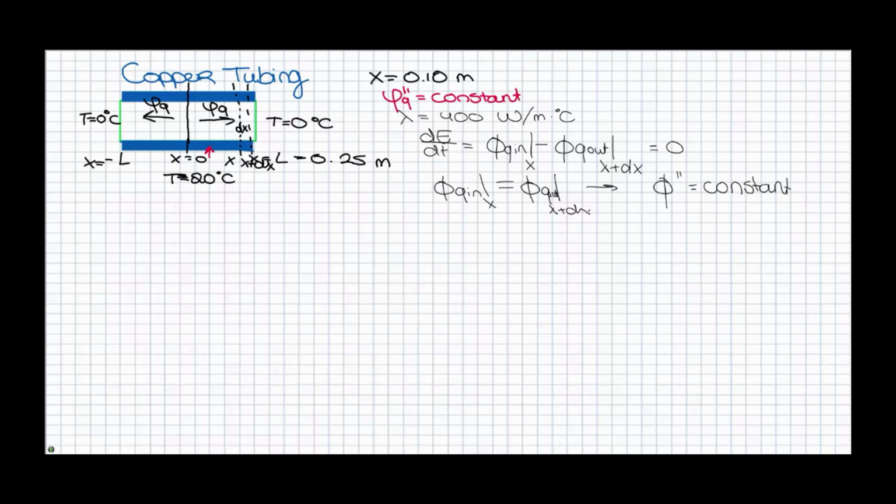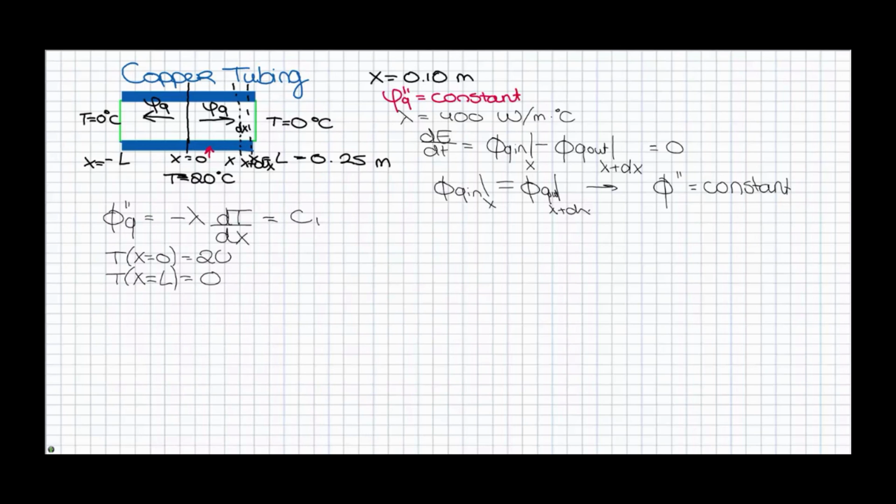So when you then use Fourier's law, you get the heat flux equals the heat transfer coefficient times the temperature difference divided by the distance over which the heat is transferring, and this is constant, so we call it C1. The boundary conditions are of course that if x is 0, then the temperature is 20, and if x is L, or the length of the tube, it's 0.